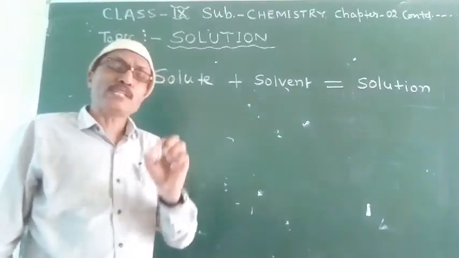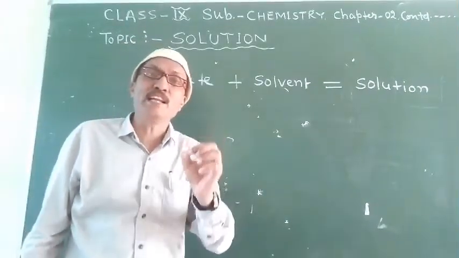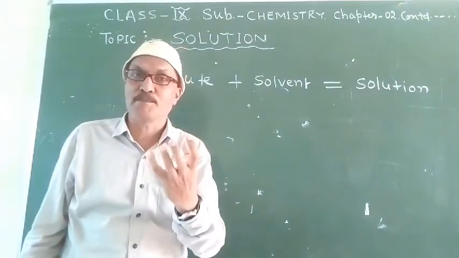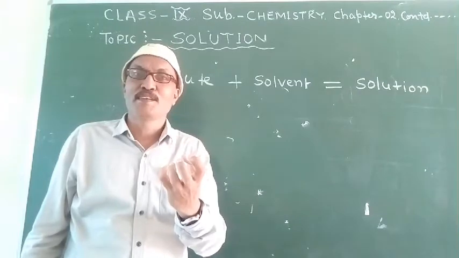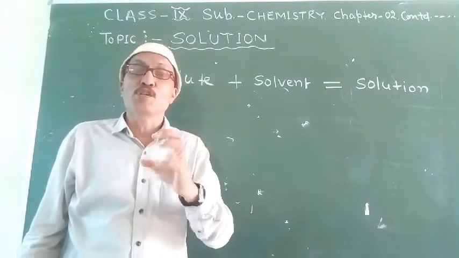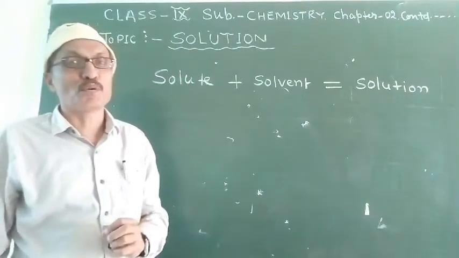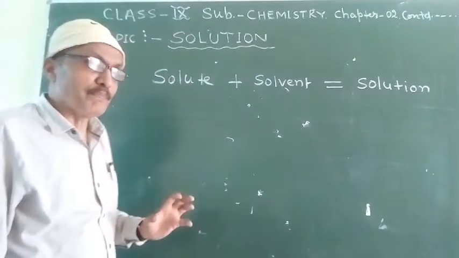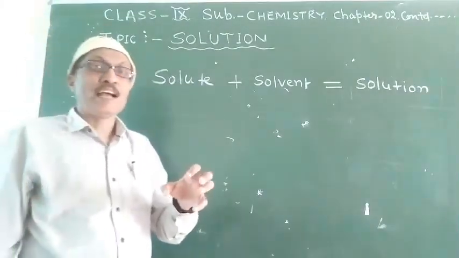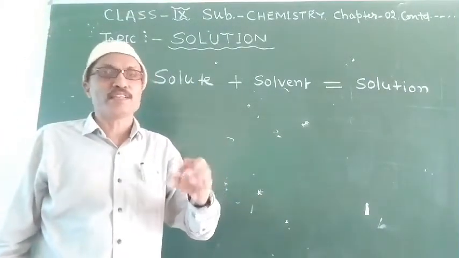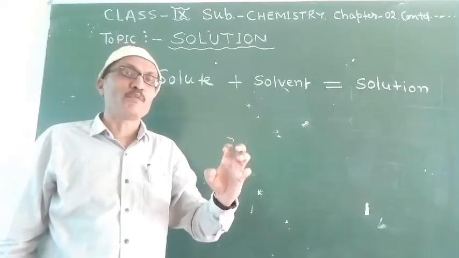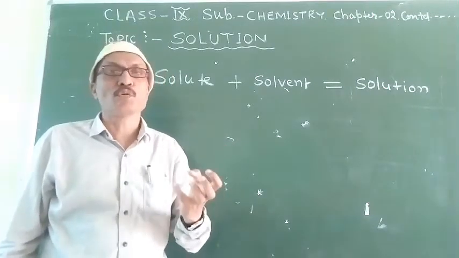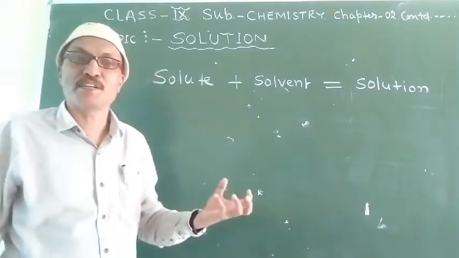But suppose I ask you the solute and solvent in chasni, which is made from sugar and water. In chasni, as the quantity of sugar is larger and the quantity of water is lesser, water is solute and sugar is solvent.